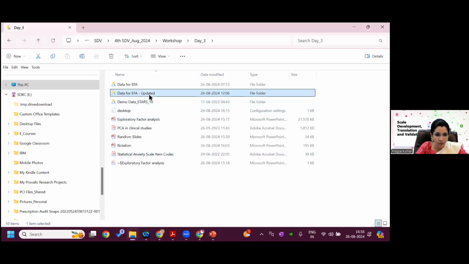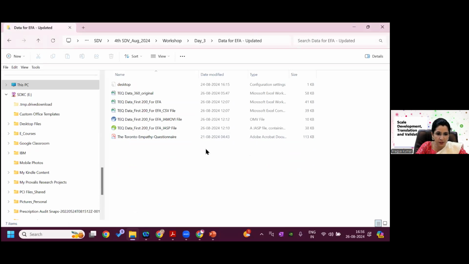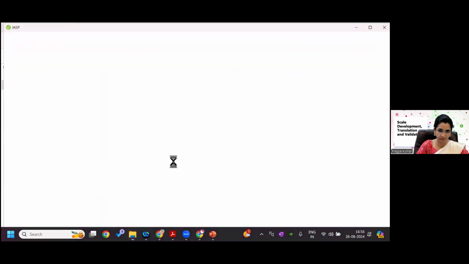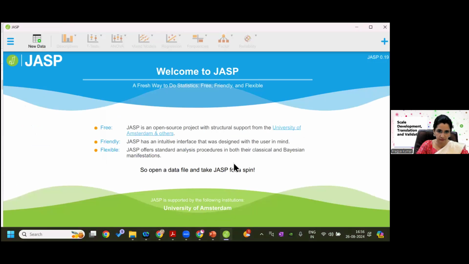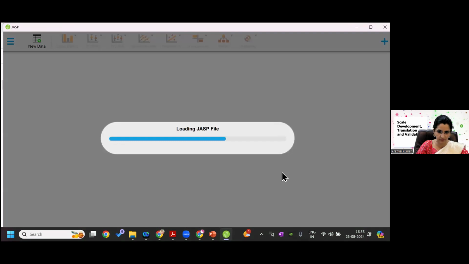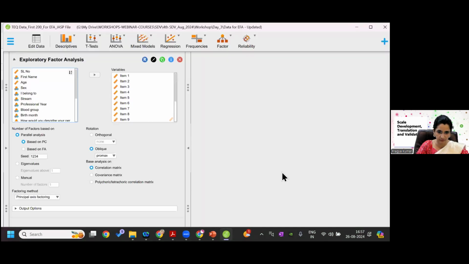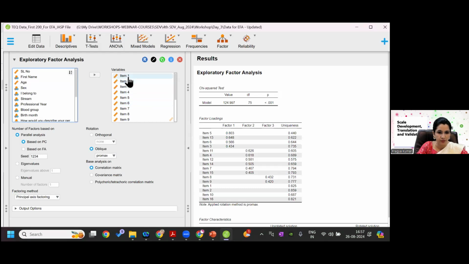So if I go to data, this file has been shared to you. So first I will show you with the JASP. I'll show with the Jamovi also. So we have done it on 200 sample. So I'll move these items back.